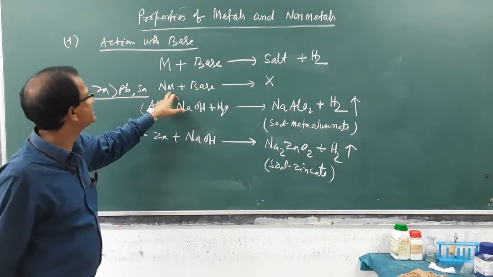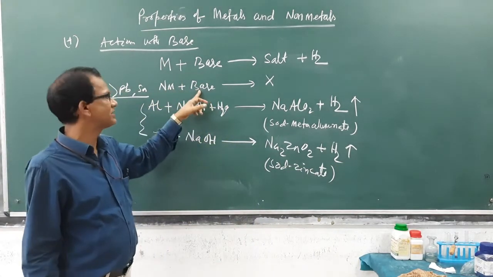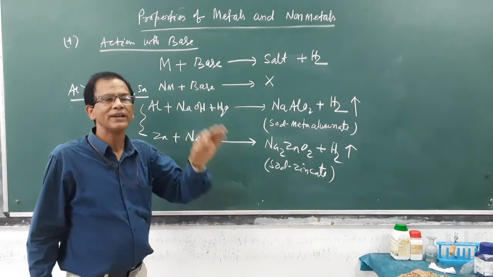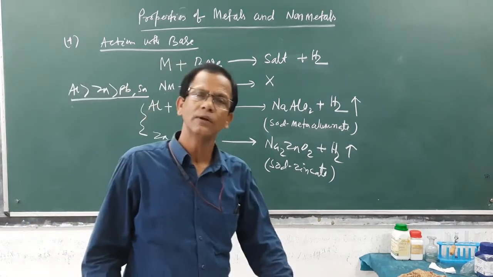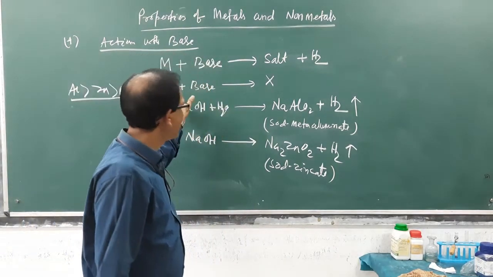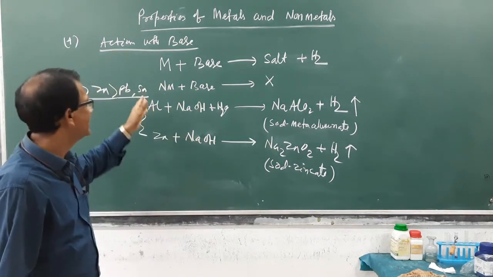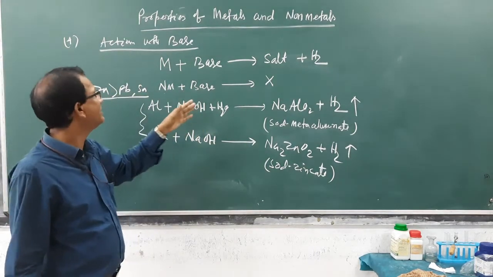And non-metals generally do not react with base. If the question is asked why, you write: non-metal cannot displace hydrogen from base, non-metal cannot displace hydrogen from acid. That's why they do not react with acids and bases.